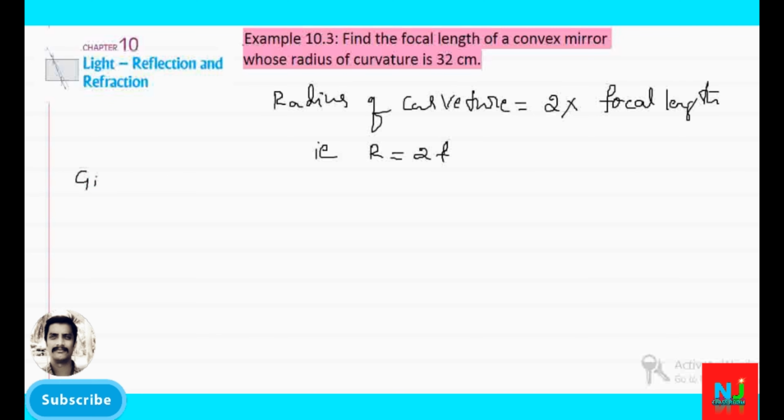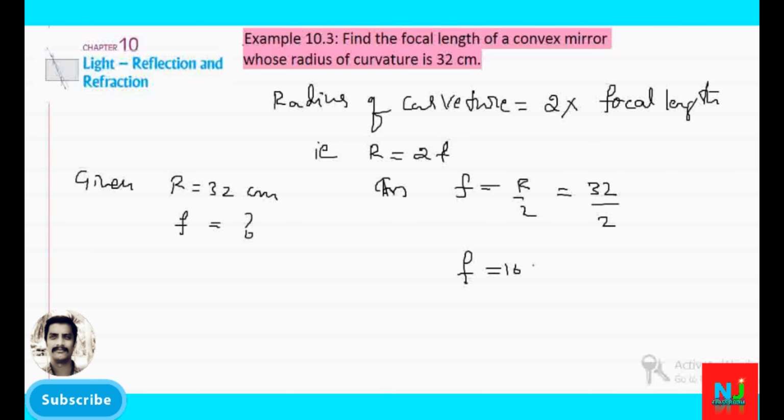Now coming to the point, what is given? The radius of curvature r is equal to 32 centimeter. We have to calculate the focal length of the convex mirror, that is f. So f can be written as r by 2. What is r? 32 centimeter divided by 2 is equal to 16 centimeter.